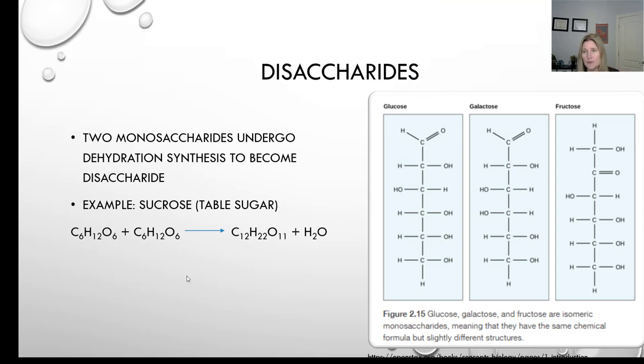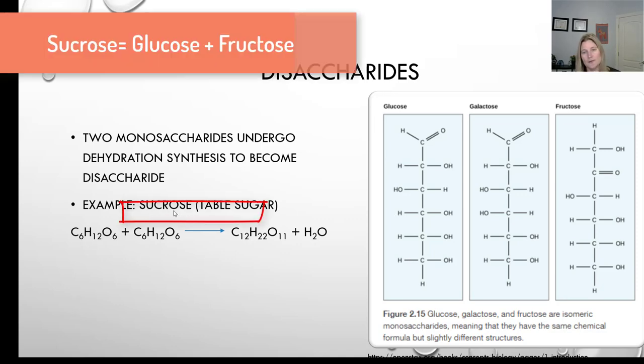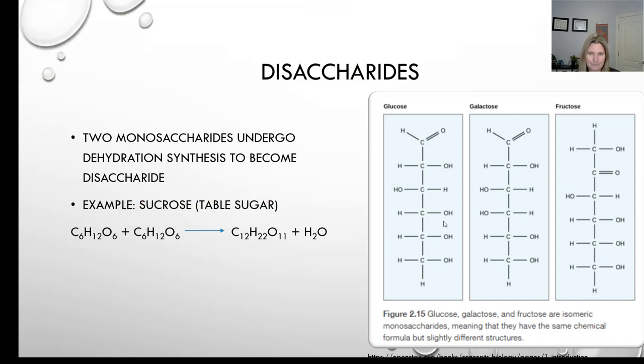So let me show you what I mean here. Here we have, let's say this is glucose and this is galactose. They have the same formula, so I can't really tell directly from this. But I'm just going to use this as an example here. So let's say that we have, or actually it says here sucrose. So sucrose is a glucose and a fructose. So I guess I'll use these 2 instead.